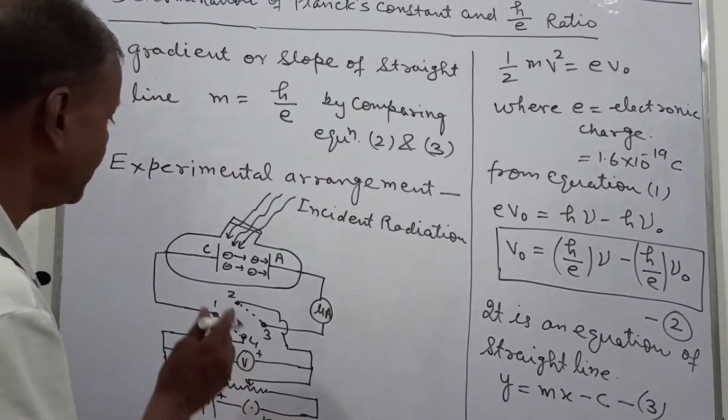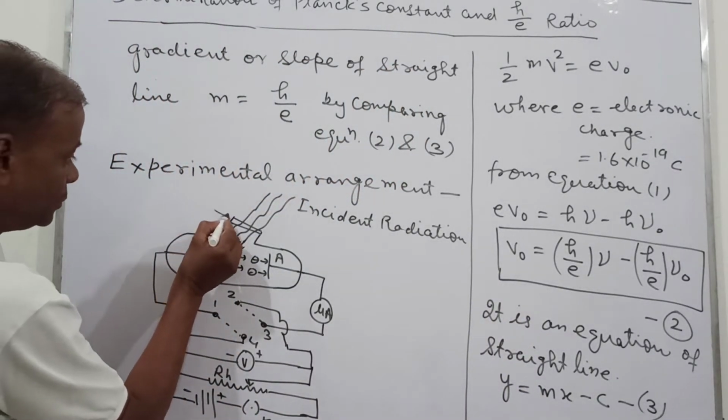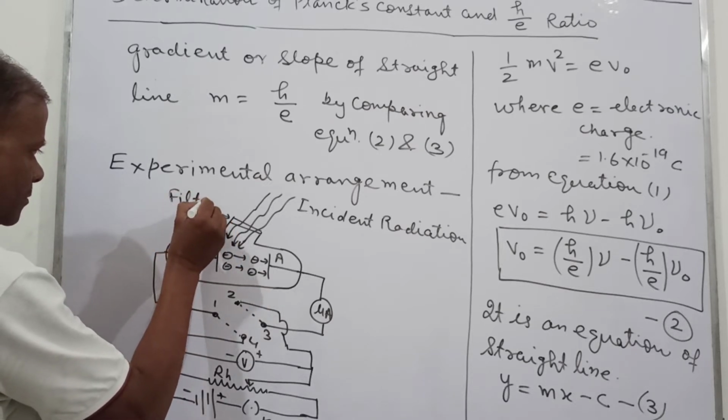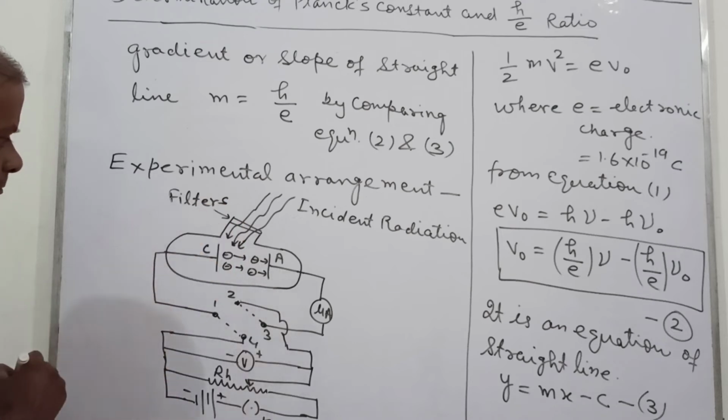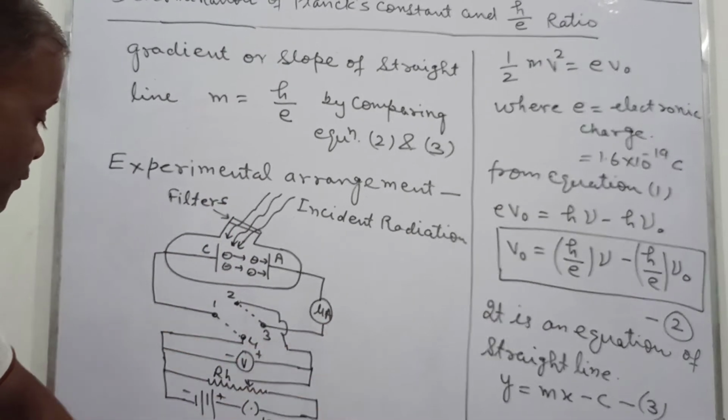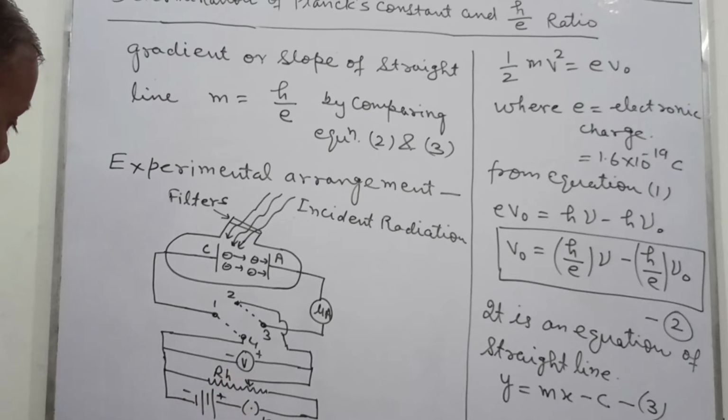Now here these are the filters. This is microampere because current is measured in microampere. This is now voltmeter. This is now K and this is now battery.